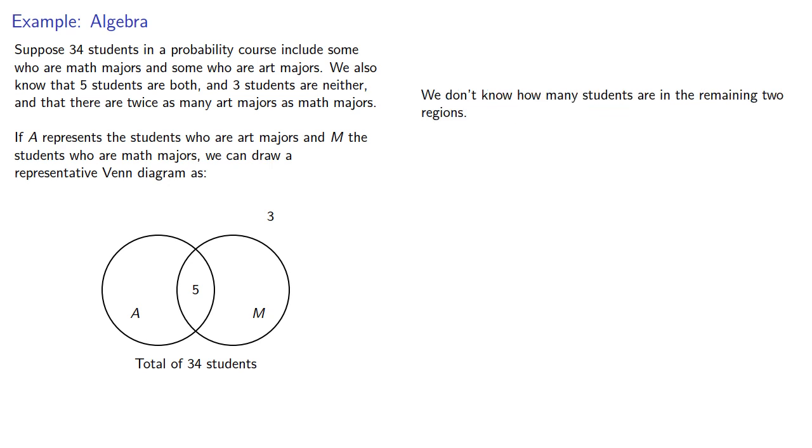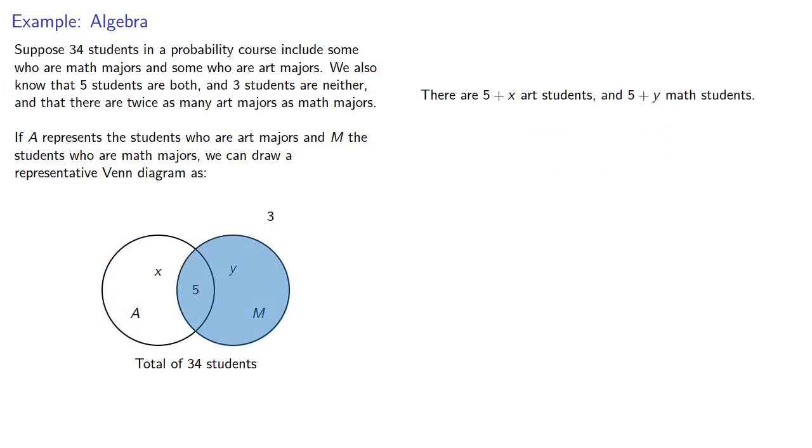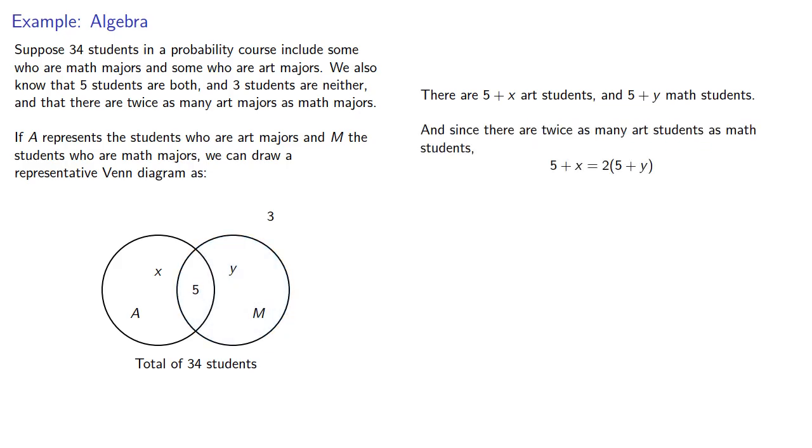We don't know how many students are in the remaining regions, so we'll leave those unknown. But we do know there are 5 plus X art students, and 5 plus Y math students. And since there are twice as many art students as math students, we can set up an equation.